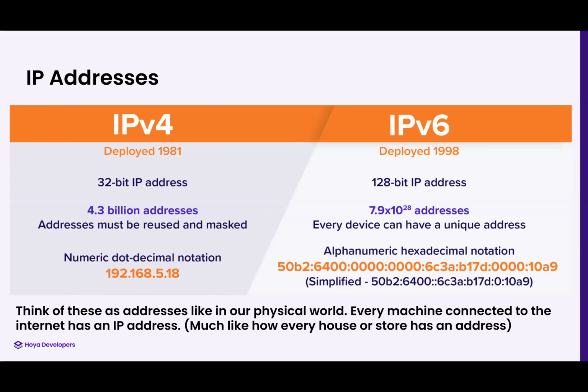We don't have to get super complicated, but just so you recognize them, it's going to be some numbers with 3 decimals, and basically 0 to 255 numbers. So these could be anything from 0 to 255.